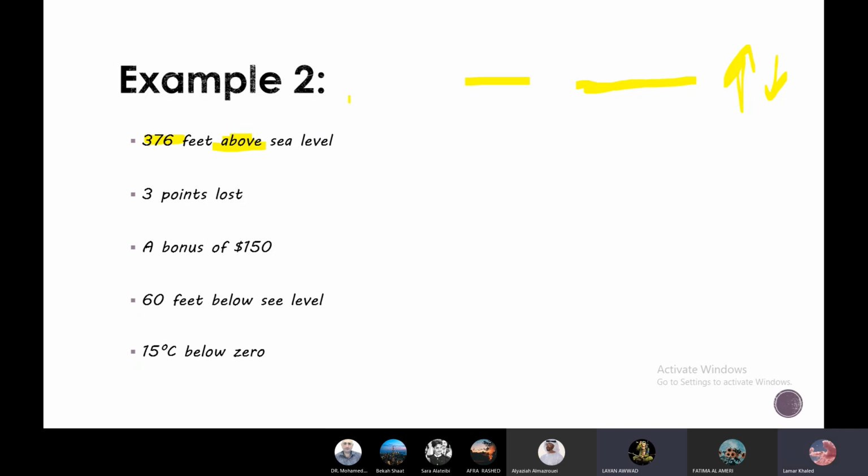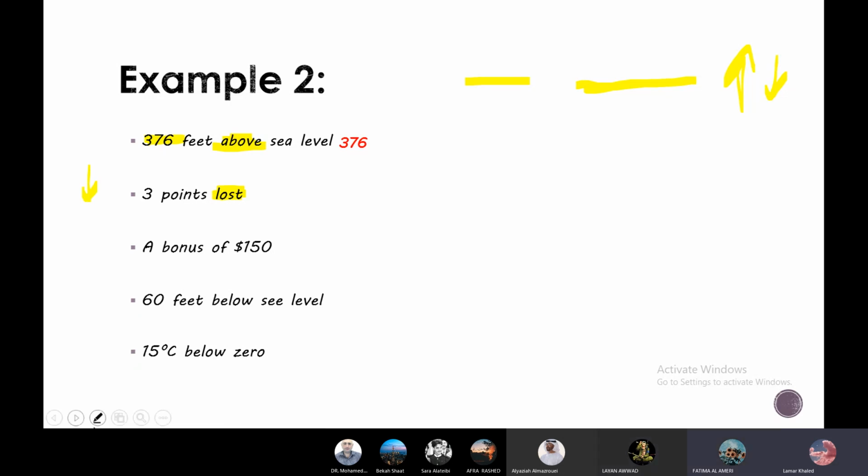Yes. So above, does it represent decreasing or increasing? Increasing. Okay, so the answer will be positive or negative? Positive. Okay, thank you very much. How about 3 points lost? As you see, lost represents decreasing, so the answer will be 3 positive or -3?